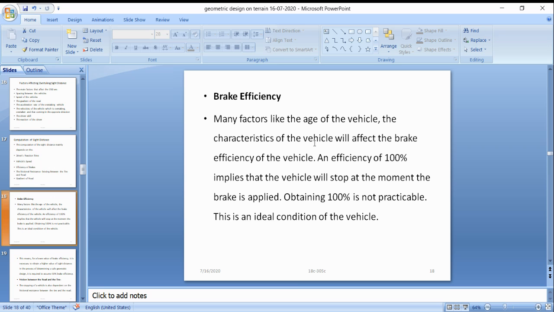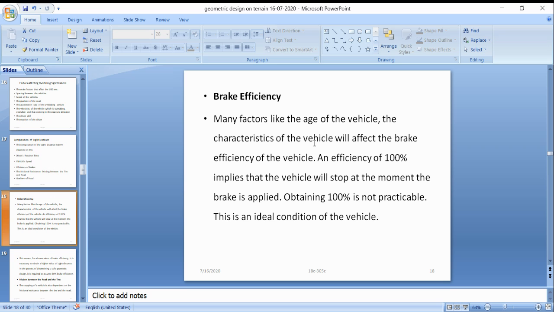If it is an old vehicle, then the brakes will not apply fast, so it will take time. An efficiency of 100% implies that the vehicle will stop at the moment the brake is applied. So obtaining 100% is not practical. This is an ideal condition of the vehicle.